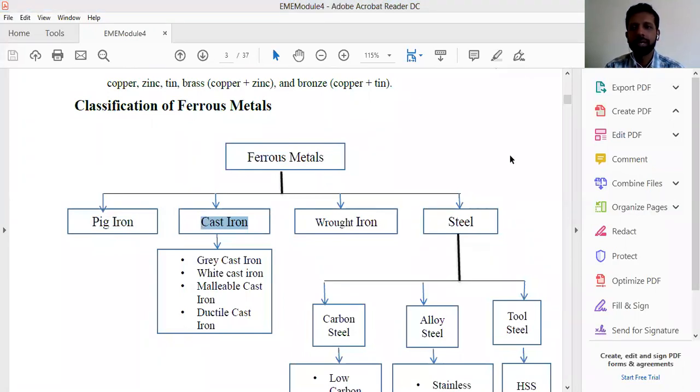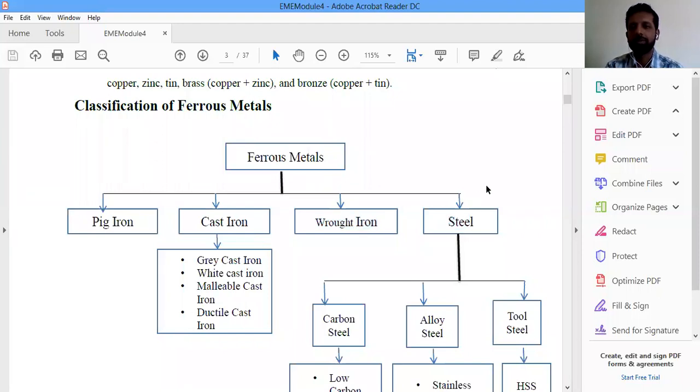So there we have this cast iron, as we have seen yesterday. We have different sub-classifications inside this. One is the gray cast iron and the white cast iron, which we have already discussed in the previous class. And there are a few more, that is the malleable cast iron and the ductile cast iron also, which we will see today. Then apart from this, we do have wrought iron and steel, right?